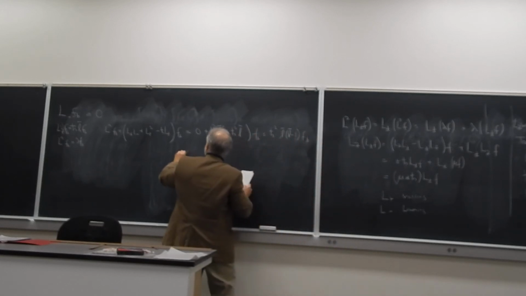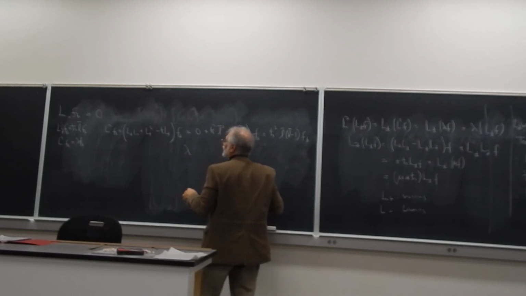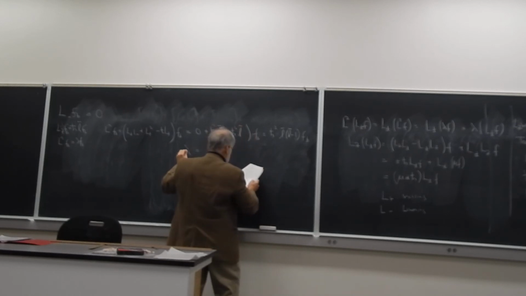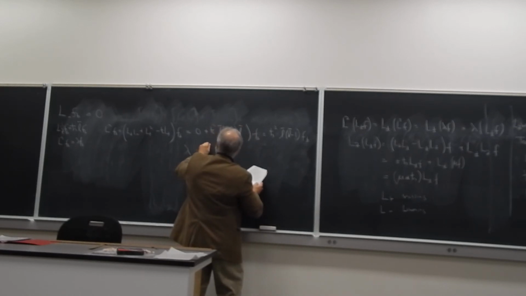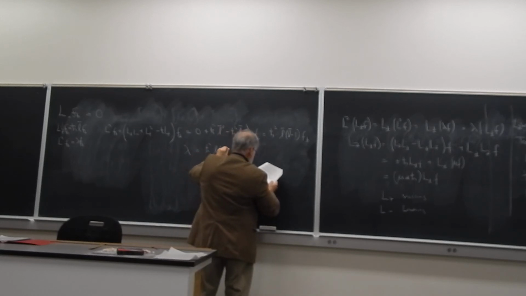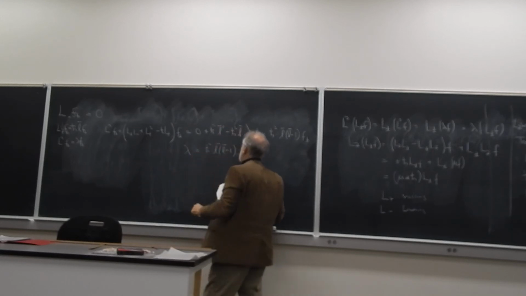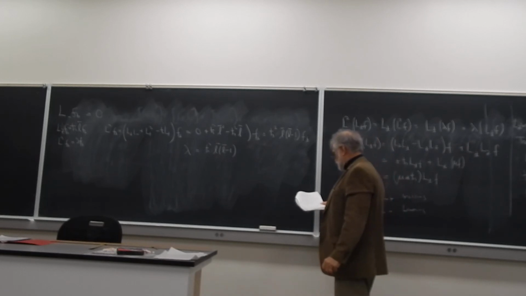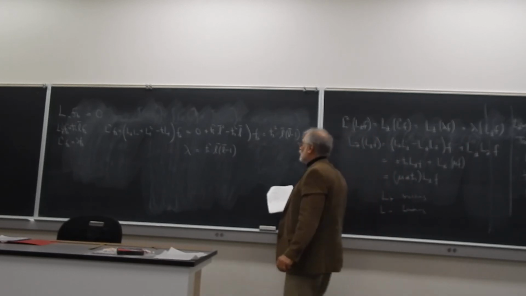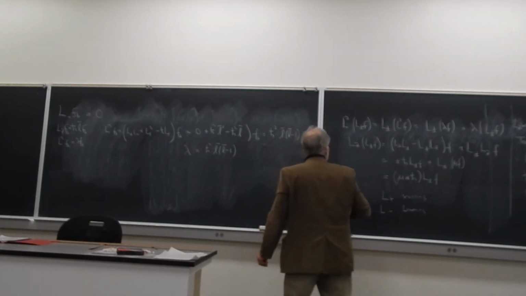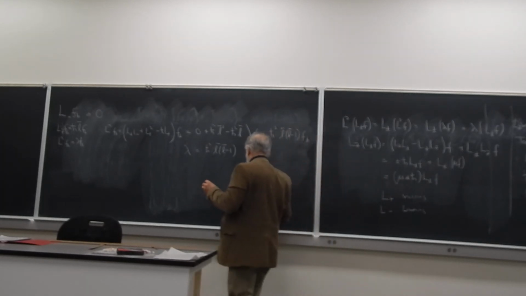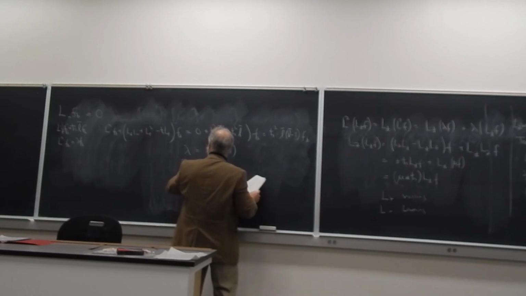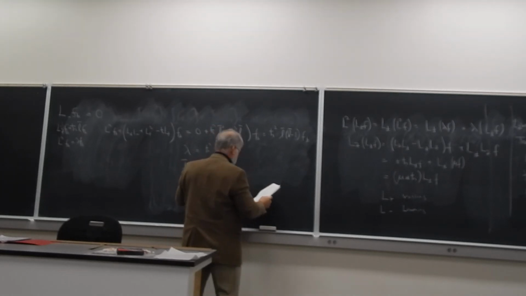Therefore, in this case, lambda, my eigenvalue at the lowest rung, is going to be equal to h bar squared L bar times L bar minus 1. Well, from this, looking at the other side, we can conclude that L bar is none other than minus L.